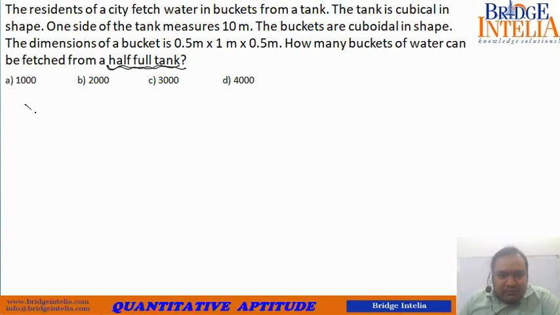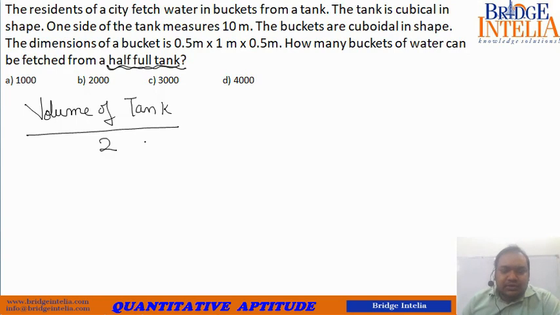So what can you say? Volume of tank divided by 2, because the tank is half filled. So volume of tank divided by 2 must be equal to the volume of water collected in all the buckets. So let there be n buckets. So if there are n buckets, all the water from this half filled tank goes and gets accommodated in the n buckets.